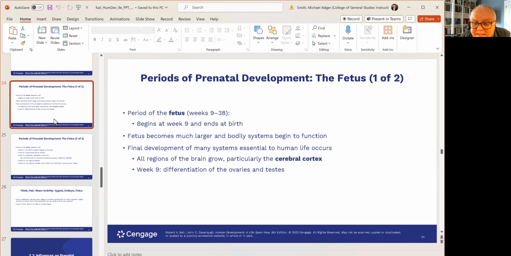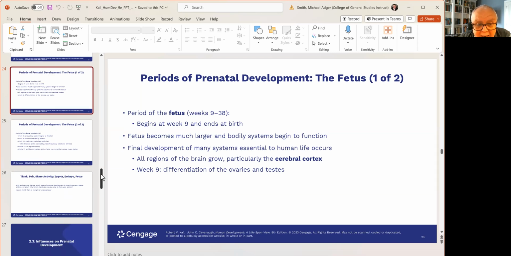Final development of many systems that are essential to human life will start here. All the regions of the brain will start to grow, particularly the cerebral cortex. And then at week 9, you'll have the differentiation between ovaries and testes, which determines the actual sex organs of the child.